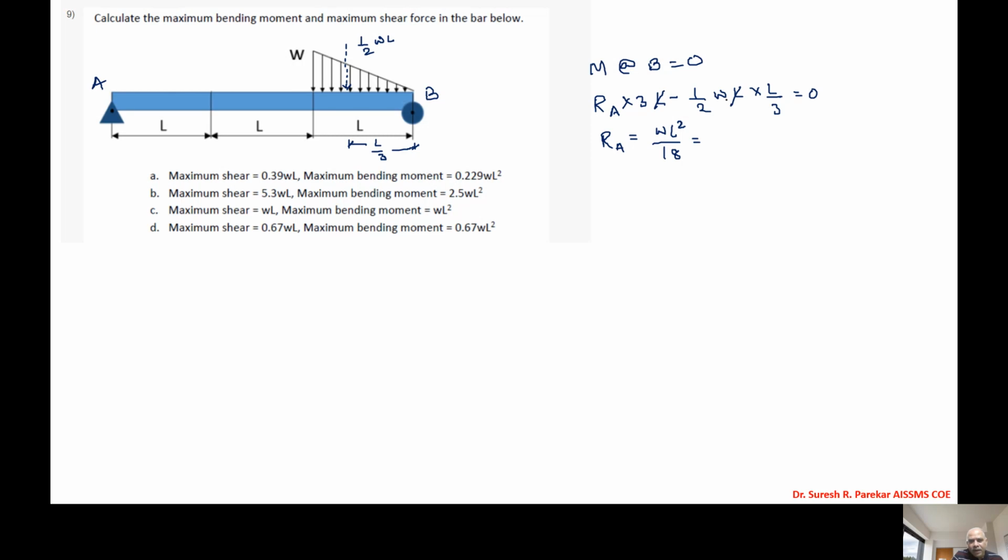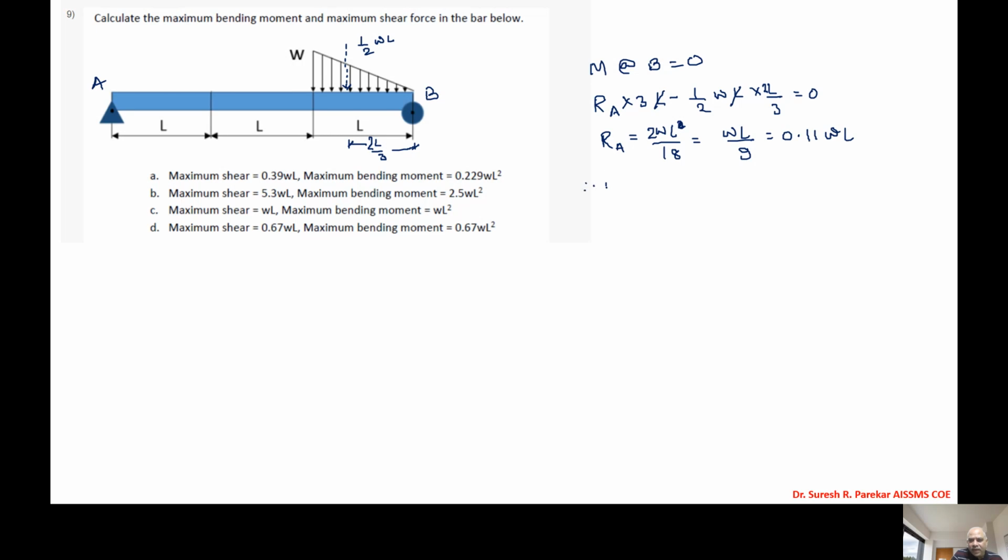Yes, half WL into L by 3, and this comes below, and from this we will get the value. Sorry, we are taking from this side, so this will be 2L by 3 actually. So 2L by 3, and the L gets cancelled, so WL by 9, and this value comes 0.11 WL.